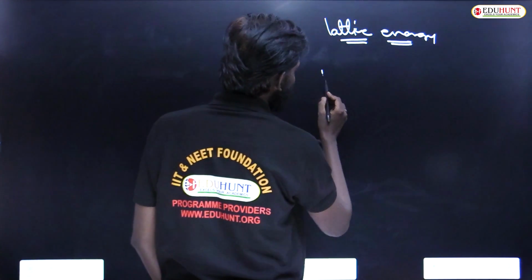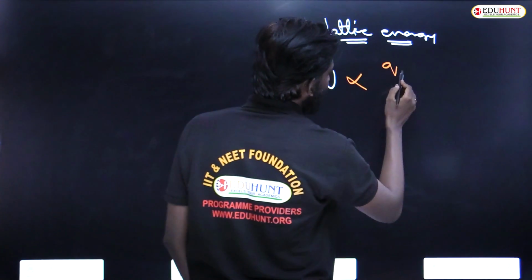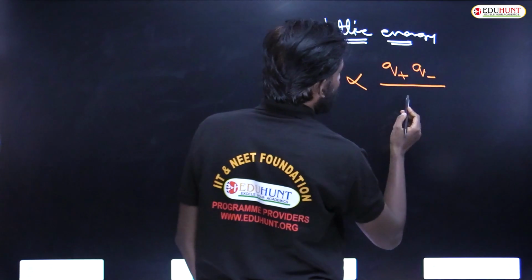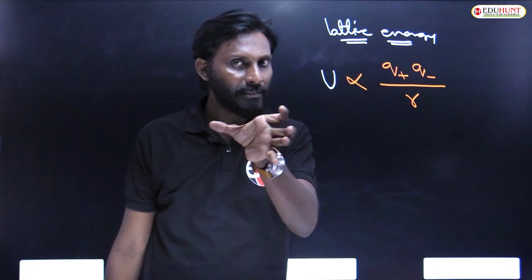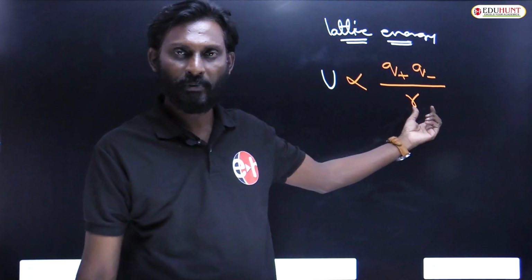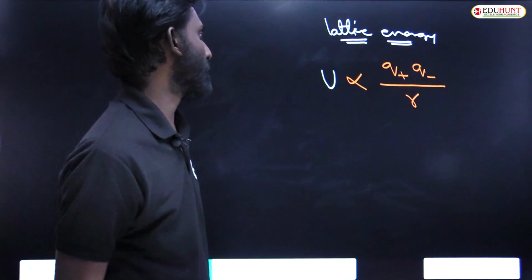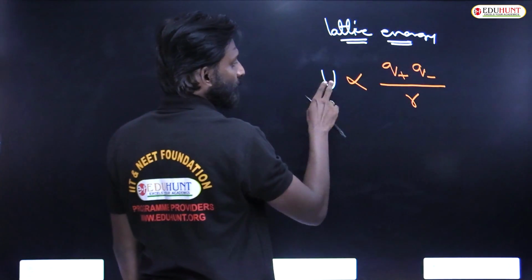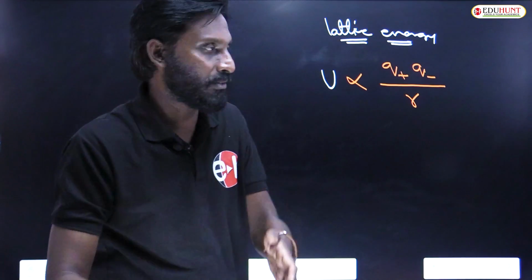I will indicate the lattice energy with the letter U. Lattice energy is proportional to the charge of cation into charge of anion upon R. R is the distance between the cation and anion. You can take it as a bond length. That is how lattice energy depends upon charge and upon the distance between the cation and anion.